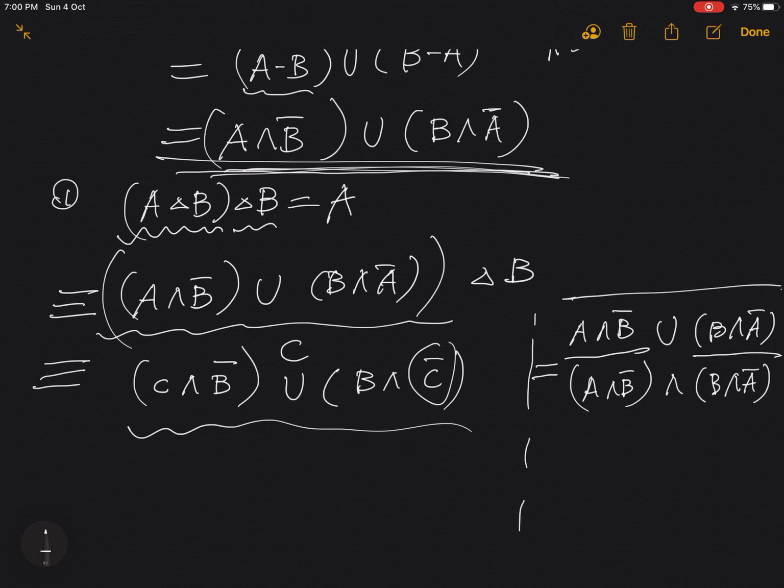It will become the complement of A or B, and the complement of B union A.